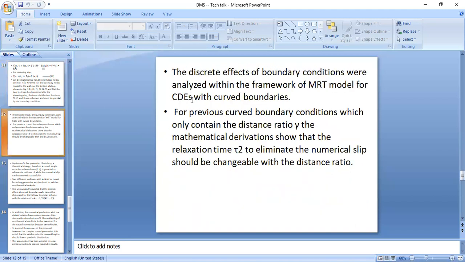The discrete effects of boundary conditions were analyzed within the framework of the MRT model for CDEs with curved boundaries. For previous curved boundary conditions which only contain the distance ratio γ, the mathematical derivations show that the relaxation time τ_2 to eliminate the numerical slip should be changeable with the distance ratio.